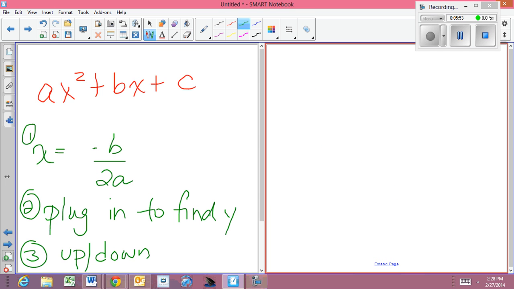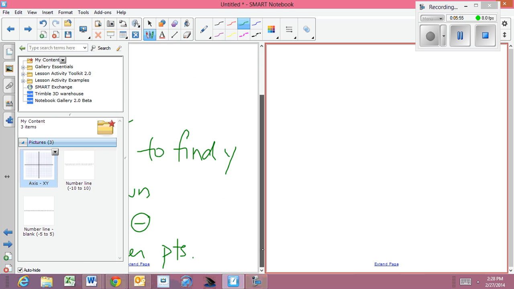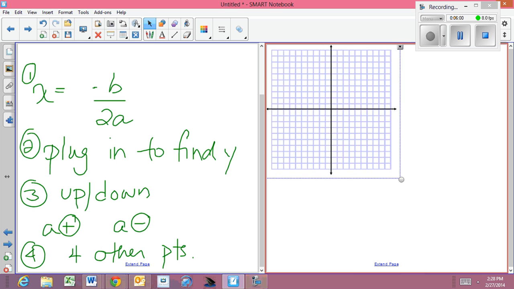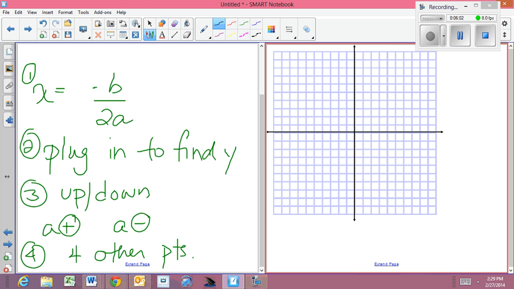What I mean by that is, let's say you found your vertex, you plotted it wherever, and then you started to find some other points, and maybe the first point you found was down there, and then the next point you found was down there, and then you tried to do the same points on the other side, and then maybe you got something that looked like this, and then something that looked like this.